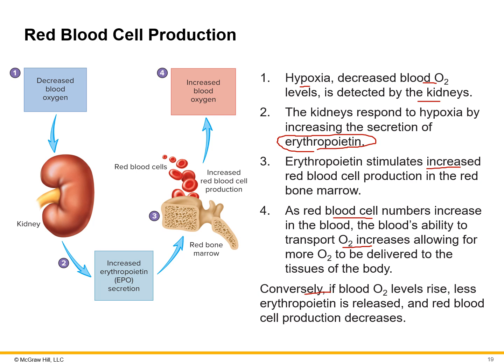Conversely, though, as the blood oxygen gets too high, then less erythropoietin gets released, and then red blood cell production is going to decrease. So we have that feedback loop that is all centered around that erythropoietin. If we need more red blood cells, it increases, meaning we don't have a lot of oxygen being transported. If oxygen levels go up in the blood, then we decrease the production.